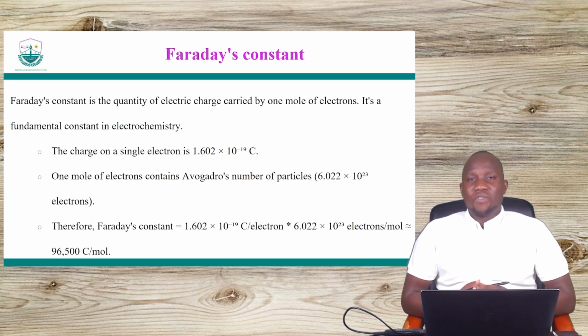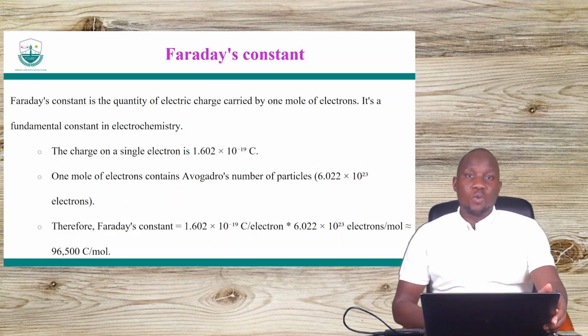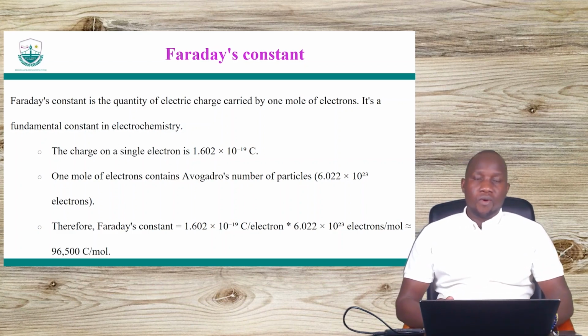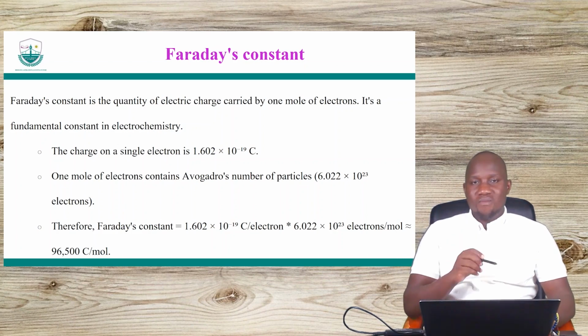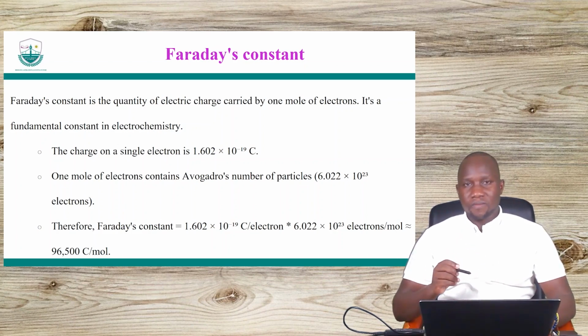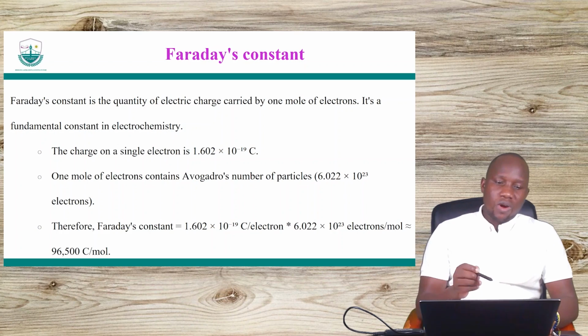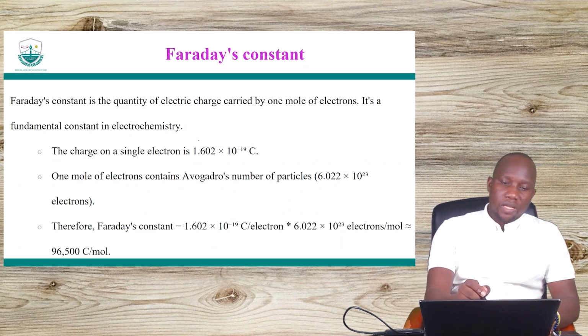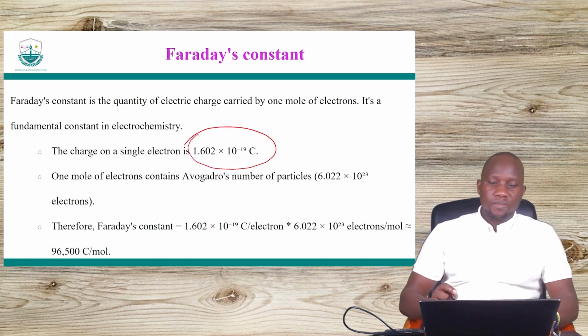It will always be provided to you on the question paper, so you don't need to memorize it, but at least you need to know what it stands for. So 1 mole of electrons has a charge, and that charge is what we call Faraday's constant.